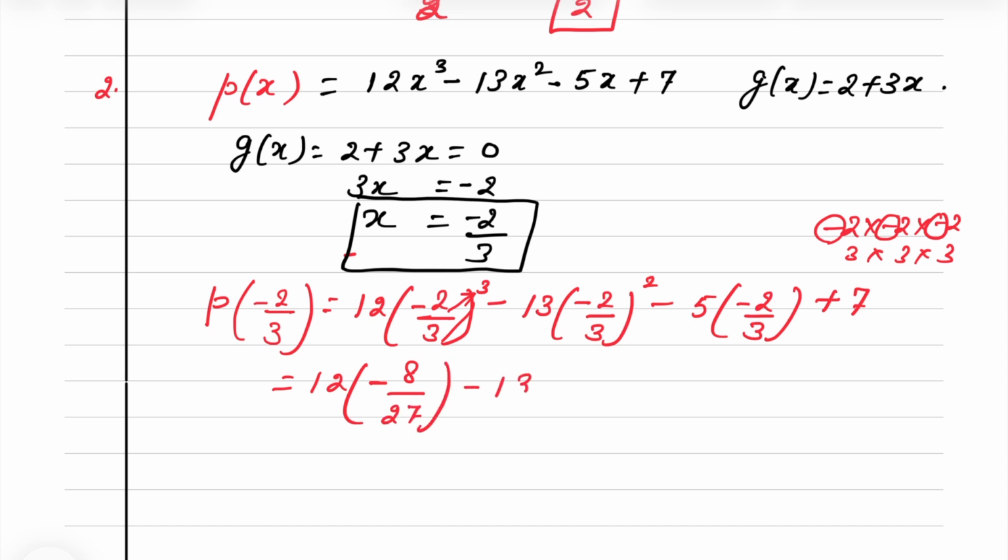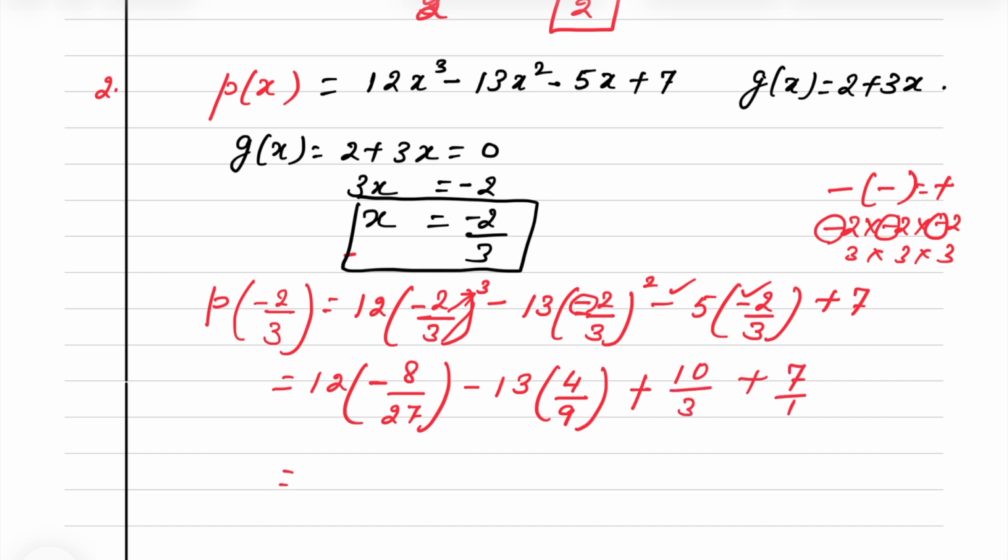So minus 13 again. Even powers will be positive. 2 square is 4, 3 square is 9. Again, minus of minus will be positive, so here positive 10 by 3 plus 7. I hope this is clear. Now what we have to do? We can cancel to make our work easier.